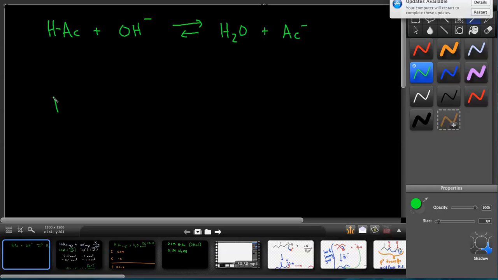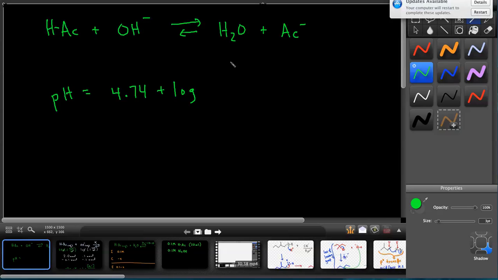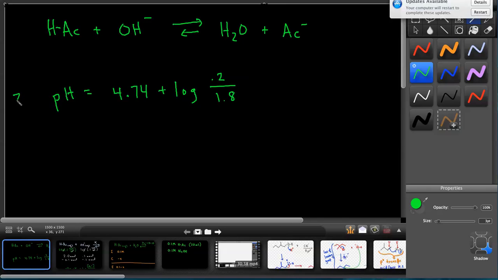Remember, Henderson-Hasselbalch says that pH is going to equal pKa, which we now know is 4.74, plus the log. So after 2 milliliters, I've added 0.1 and another 0.1, and now I have 1.8. And that's for 2 milliliters.